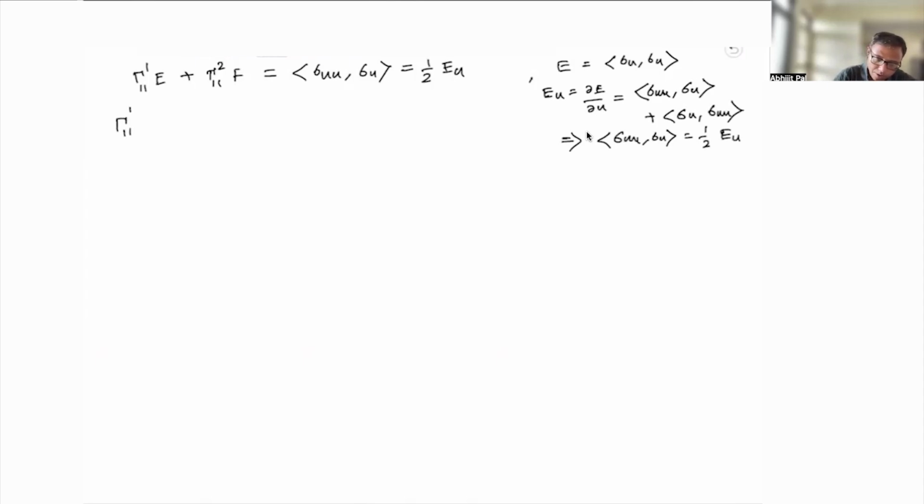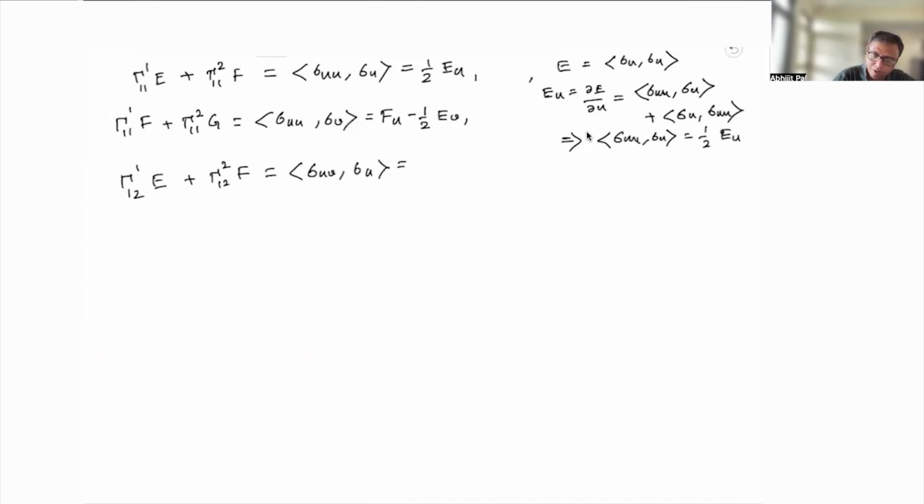So gamma 1,1,2 capital F plus gamma 2,1,1 G is equal to the inner product of sigma uu with sigma v, which can be shown to be equal to Fu minus half of Ev. Now, the next equation: gamma 1,1,2 E plus gamma 2,1,2 F is equal to the inner product of sigma uv with sigma u, which is equal to half of Ev.